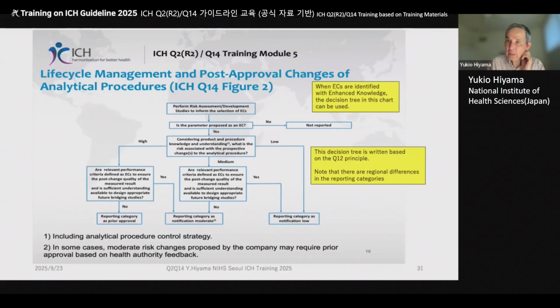This is the very important condition to lower the reporting category from high to medium, medium to low. This is very important. So you need to have sufficient understanding to design future bridging studies.